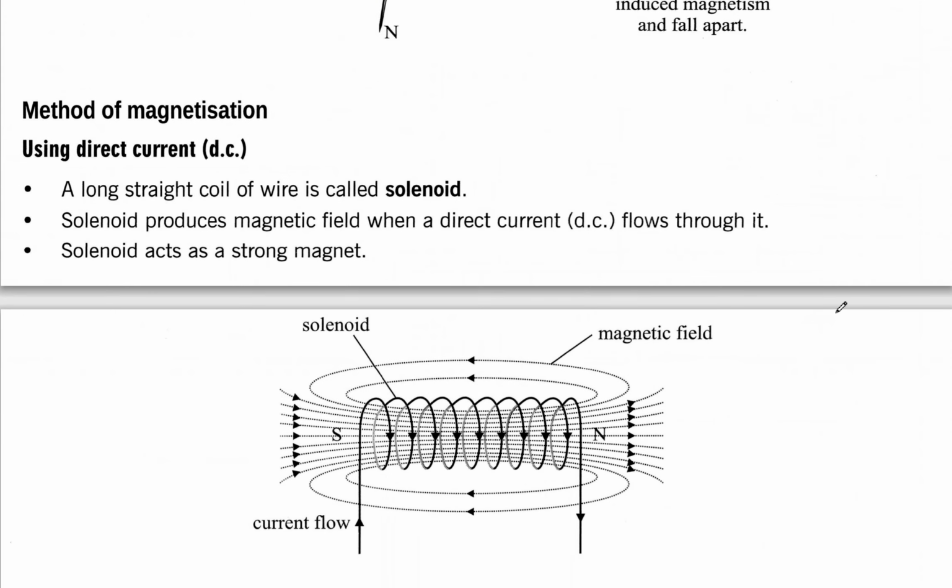Magnetization. The first method of magnetization is using direct current, or current flowing in the same direction. We use a coil of wire called a solenoid, and we pass a current through the solenoid to produce a magnetic field. This magnetic field looks exactly like the magnetic field of a bar magnet.